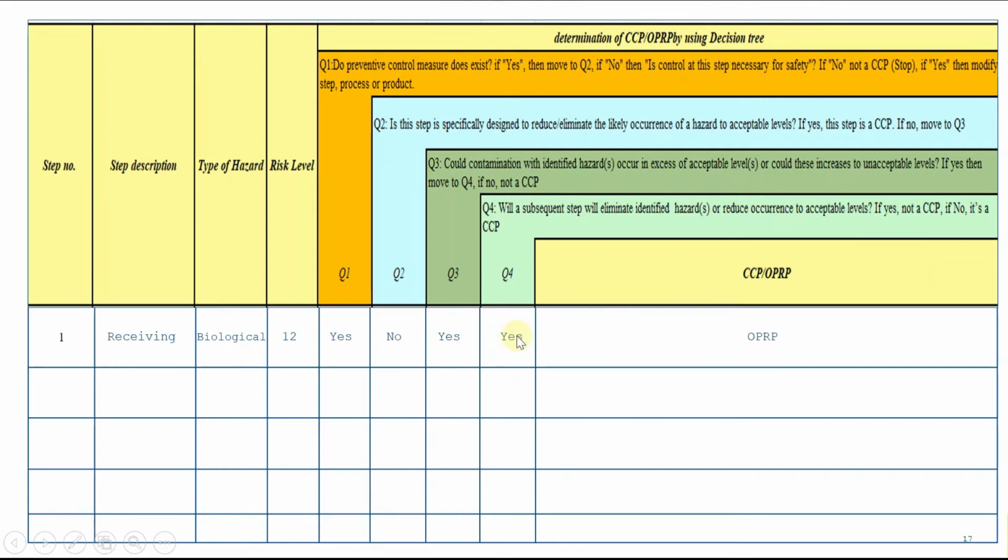My answer is yes, it is an OPRP, not a CCP, because we can still control it at the next level. The next step is step number 3, which is baking, the type of hazard is biological, and the risk level is 12. Again we need to answer all these questions and identify whether it's a CCP or OPRP. These are my answers and the final answer is no, so it's a CCP.